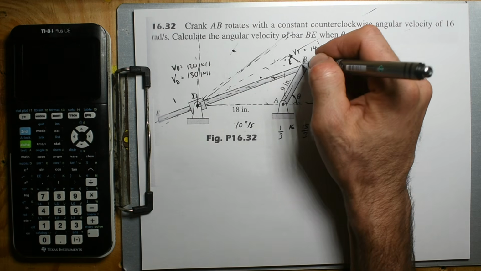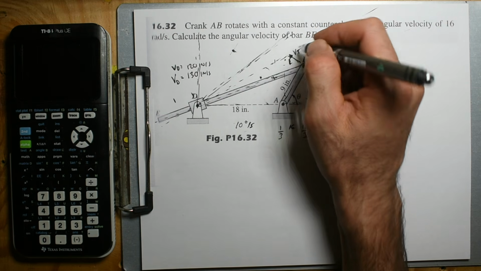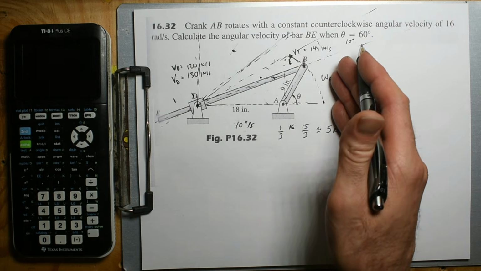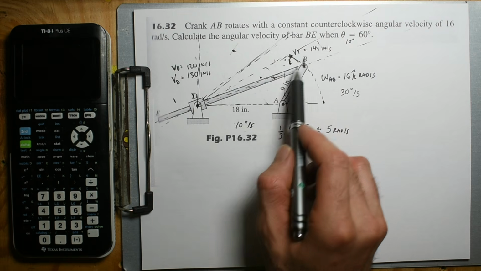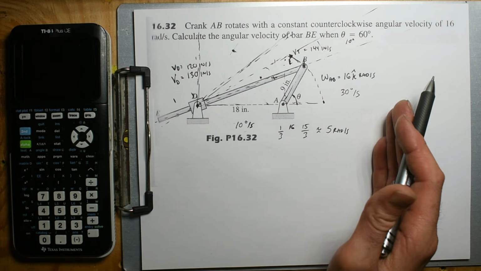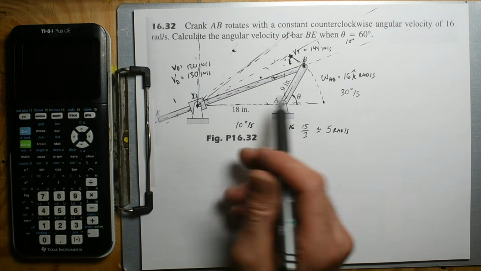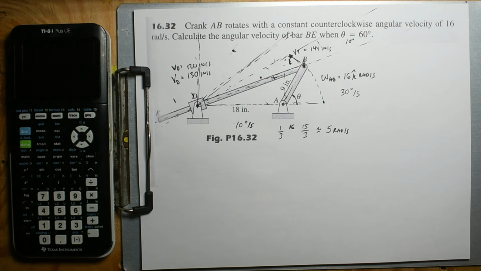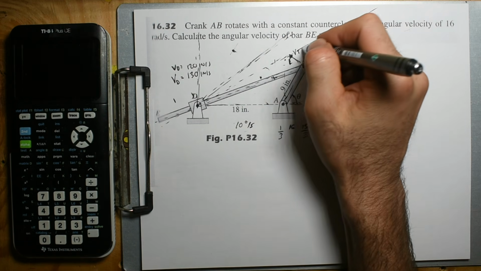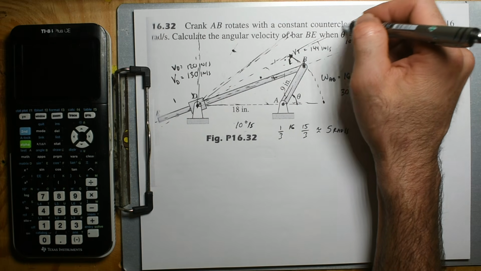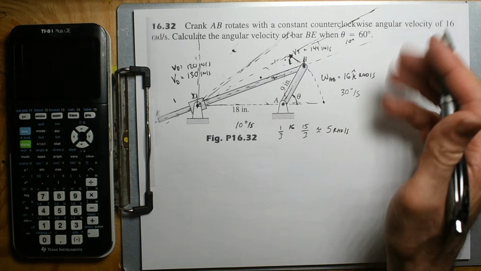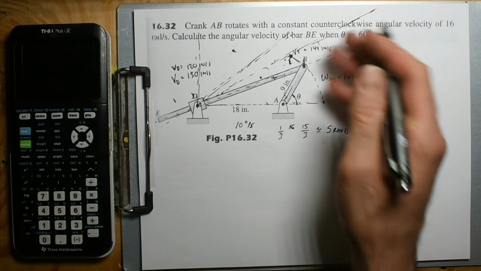I'm just going to say it takes 1 second to get to there. And then it was really fascinating that all we were looking for is a proportional relationship between this change in angle and that change in angle. And so that was pretty sweet. And this is kind of like using calculus in a way.